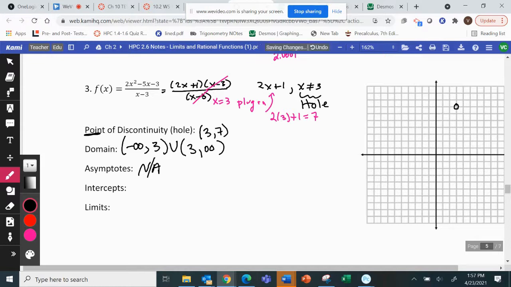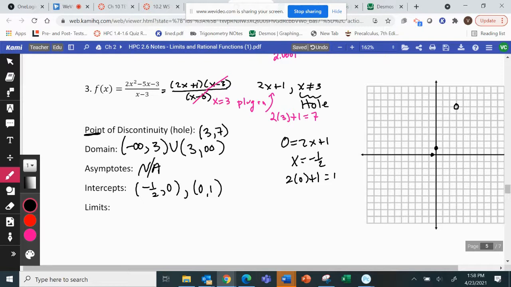I probably have intercepts. Let's see. 0 equals 2x plus 1, so x equals negative a half. And then 2 times 0 plus 1 would be 1. I feel like I graphed this wrong in the other class. Maybe not.